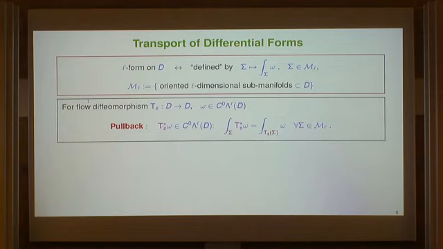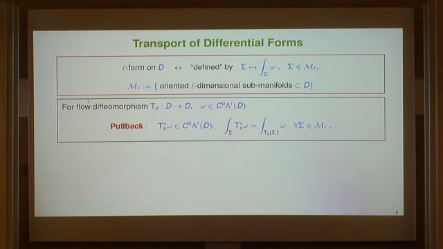So you move the test surface, and then you define the value of the transported form on the original surface as the value of the original form on the moved test surface. This is how you can define this pullback. So there's a natural concept of transport of a form.